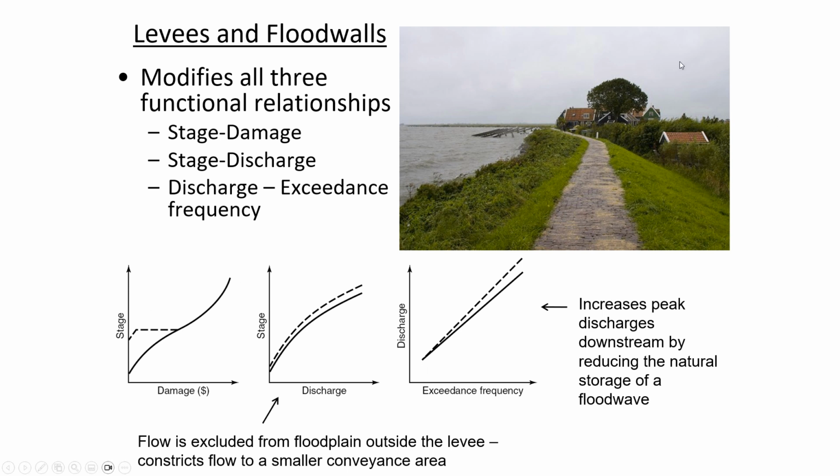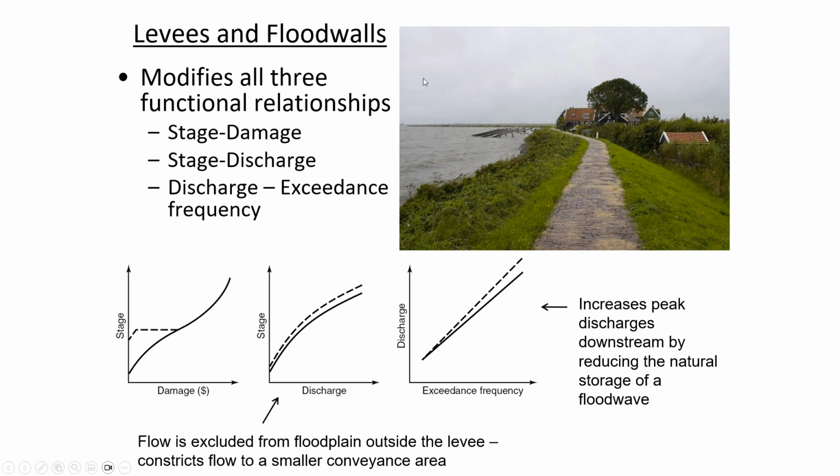Here's some houses. They're not underwater because of the levee. So for a certain elevation of water, the damage doesn't start like it would. Like in the past, before this levee was there, it only takes a little bit of depth before the damage begins.